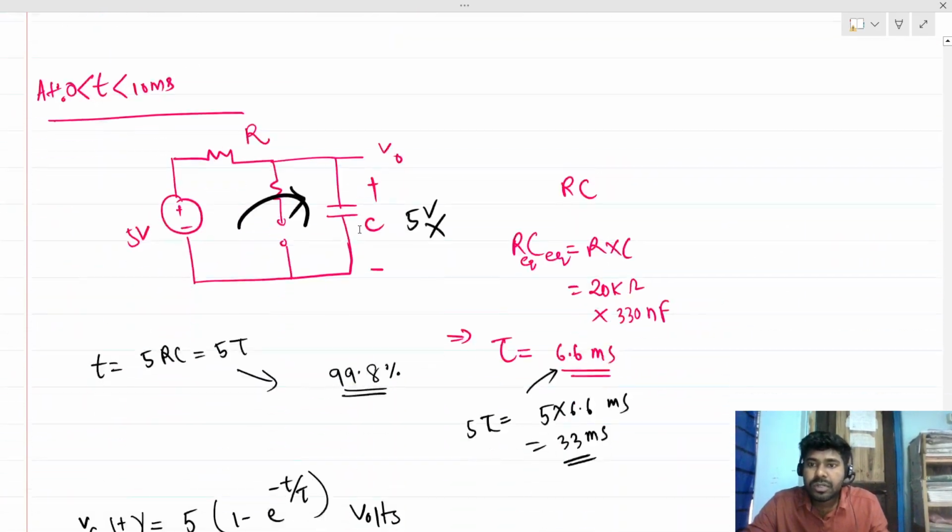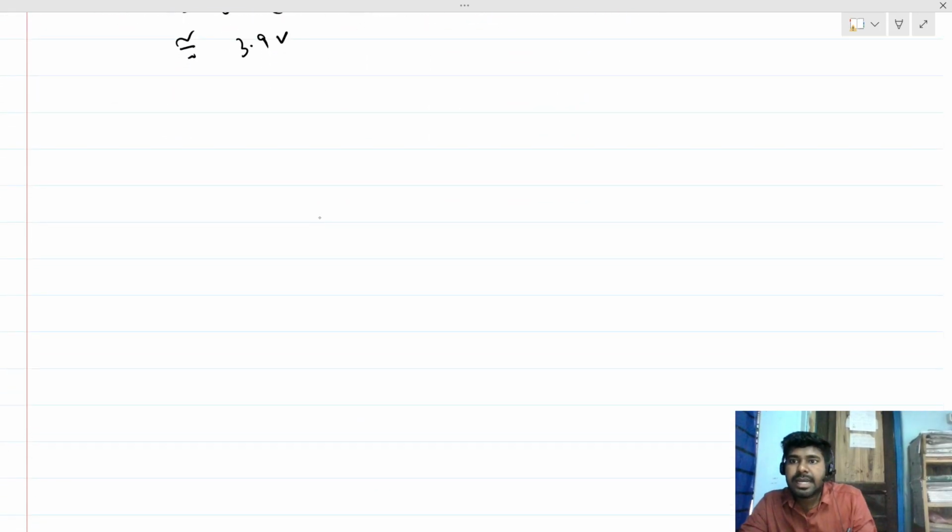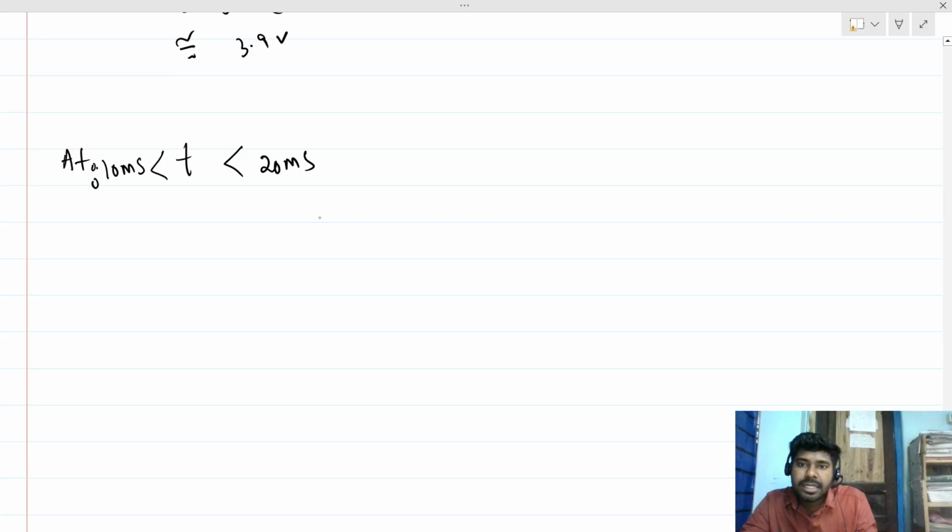So at t greater than 10 millisecond and less than 20 millisecond, what will be the picture?